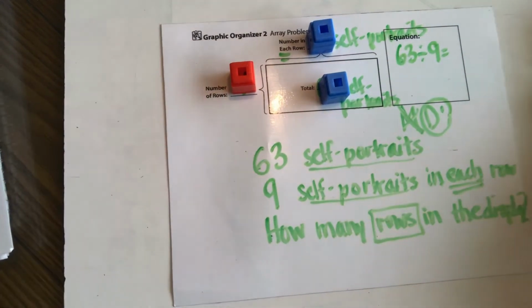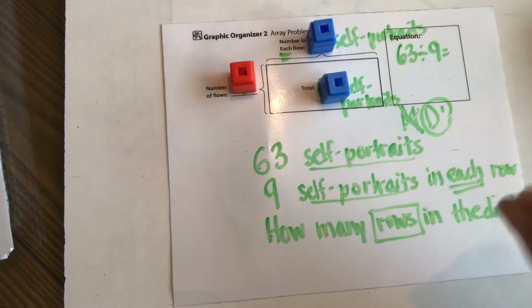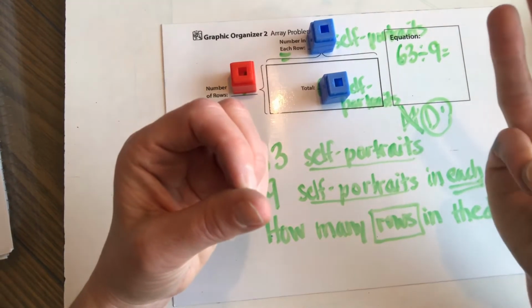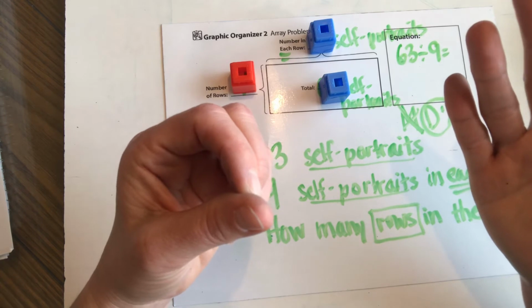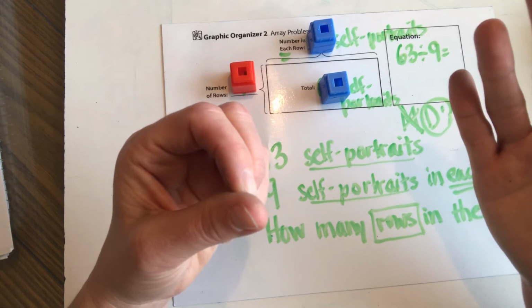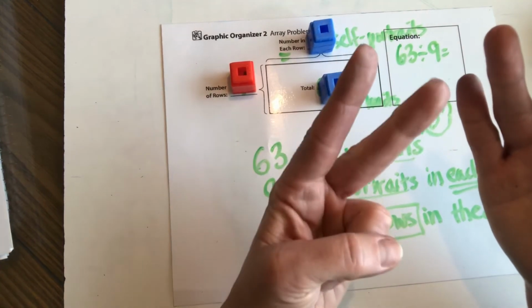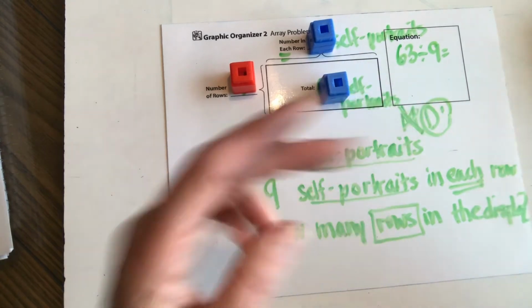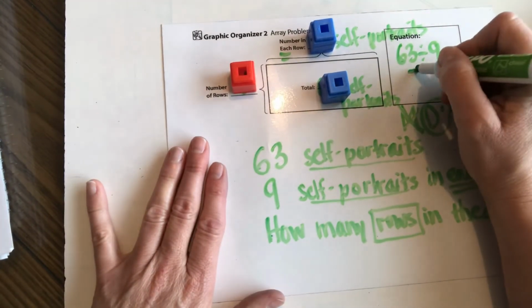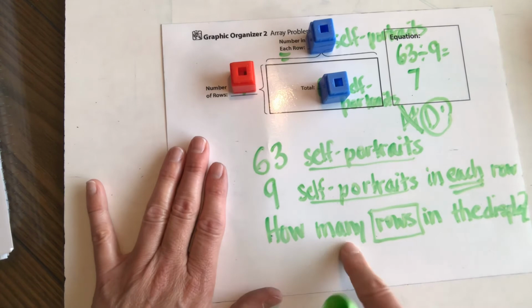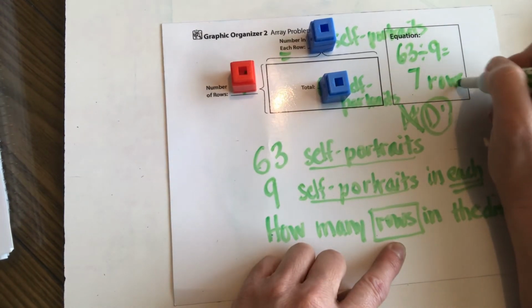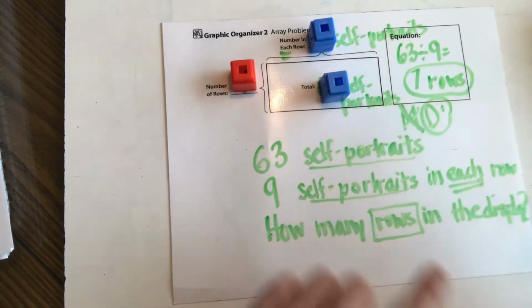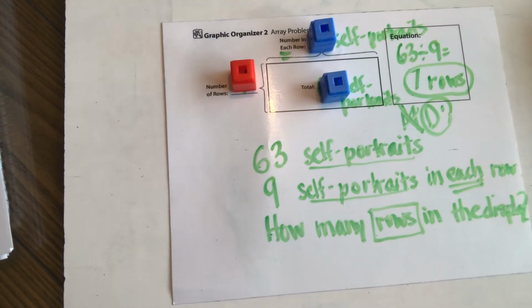So how many 9s in 63? 9, 18, 27, 36, 45, 54, 63. 7. 7 what? How many rows? 7 rows.